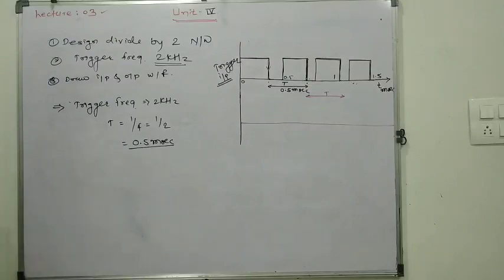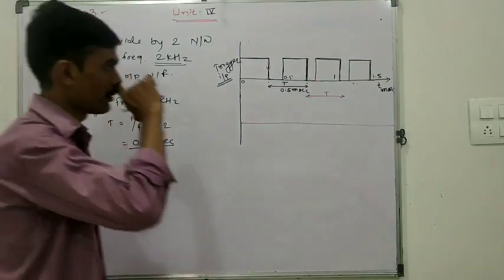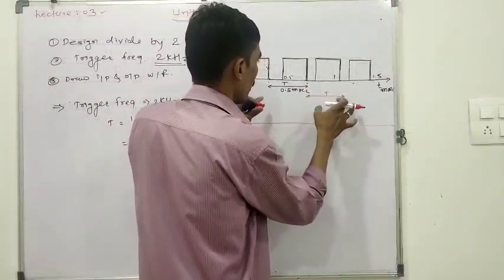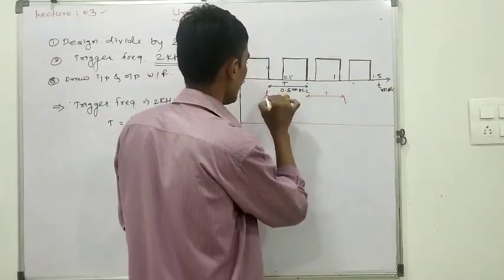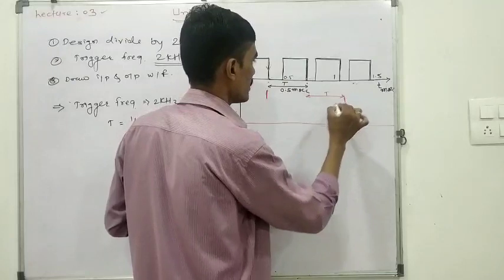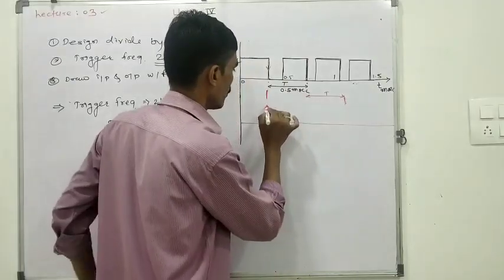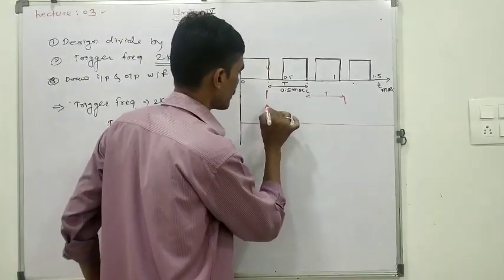For these two cycles, we get a single cycle at the output end. So we just draw the output waveform like this.